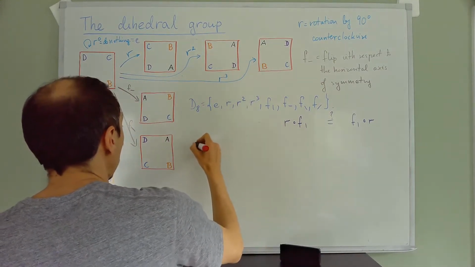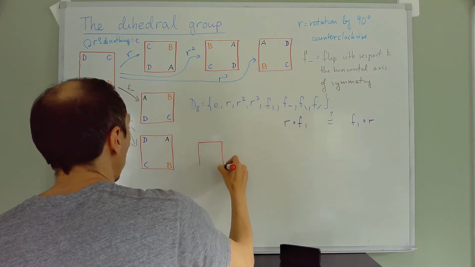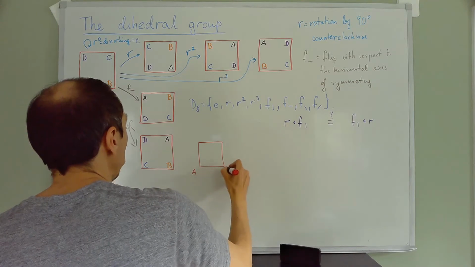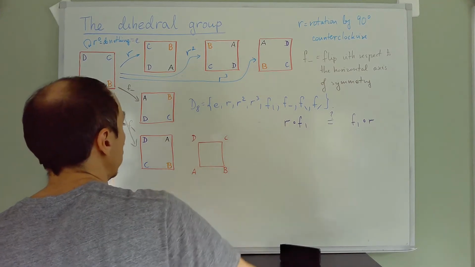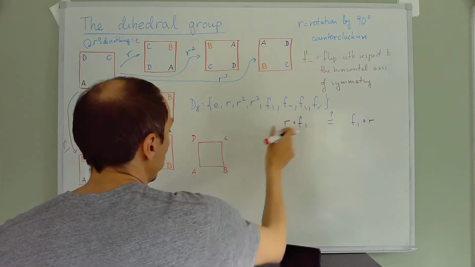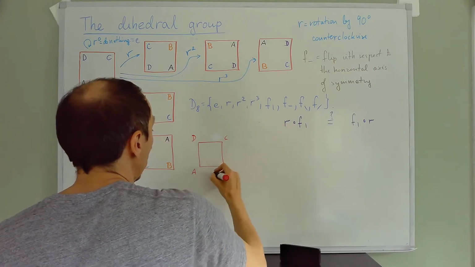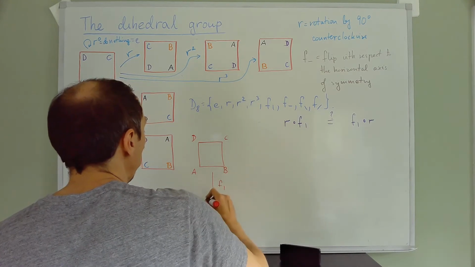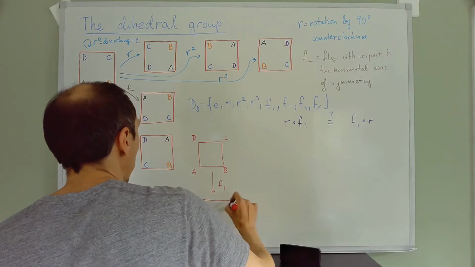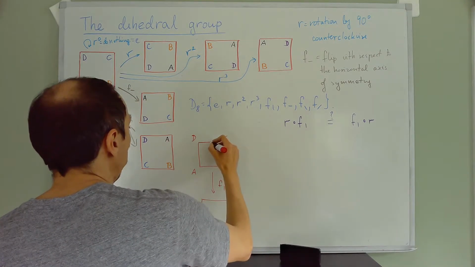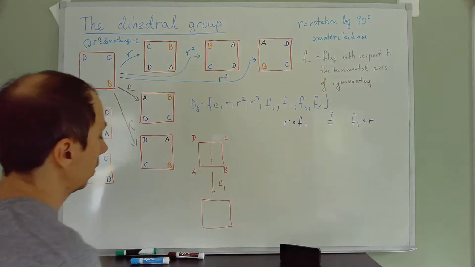So I start with A, B, C, D. I first do the vertical flip, which means I'm flipping it with respect to this axis.